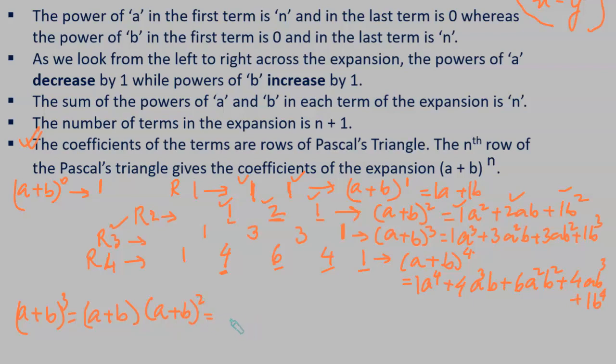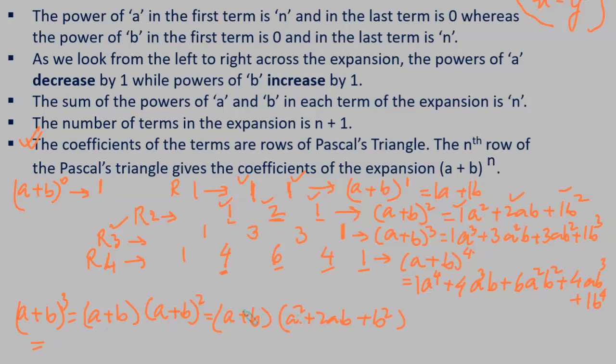And a plus b whole square, we know the expansion, which is equal to a square plus 2ab plus b square. Okay, and now we multiply.